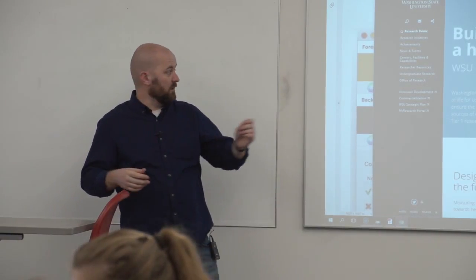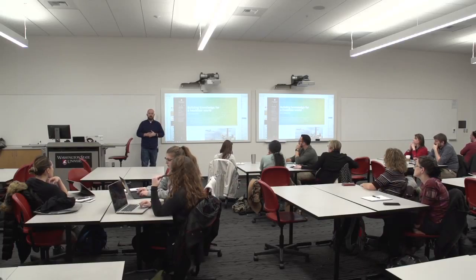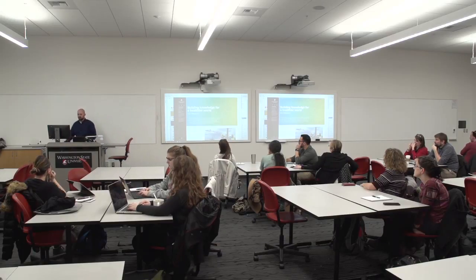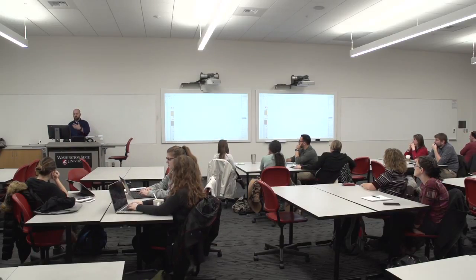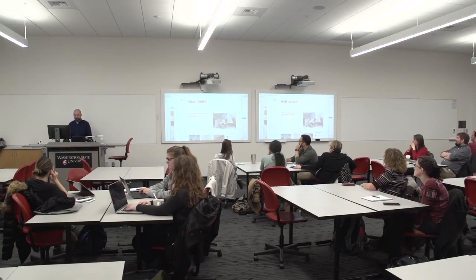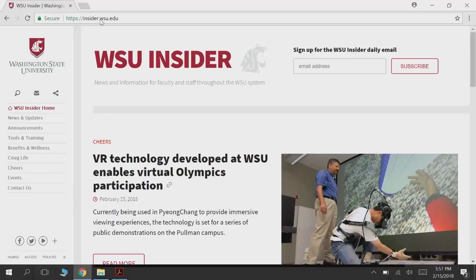So the really dark ones, like Research, and really light ones, like the WSU Insider, the navigation is accessible, and there are updates being made to those. So if you're using any of the gray ones, please consider moving over to one of the other ones.